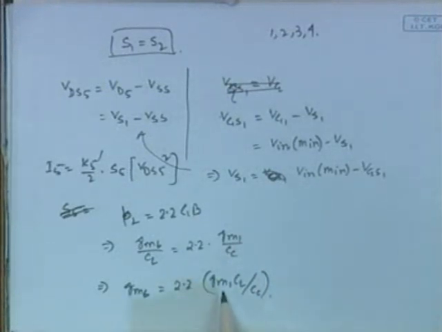Clear? We know GM1, we know CL, and we know CC. So clearly we can find out GM6. Now, how can we find out S6?